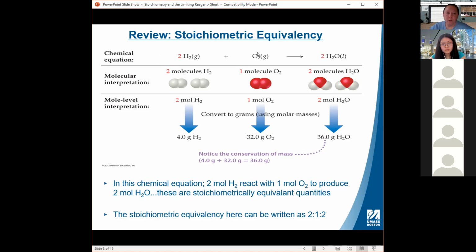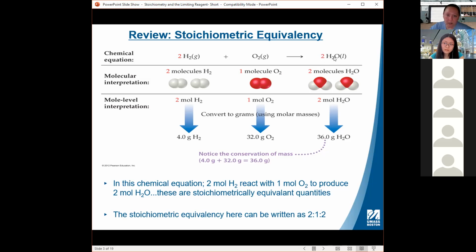On this side of the equation, we have O2, so we have 2 oxygen atoms. And over here we have water, which is H2O. In just H2O, there's only 1 oxygen atom. In order to go from 1 oxygen atom to 2 oxygen atoms, the only way we can do that is by adding a 2 in front of H2O. In order to have 2 oxygen atoms on this side of the equation, we have to have 2 molecules of water.